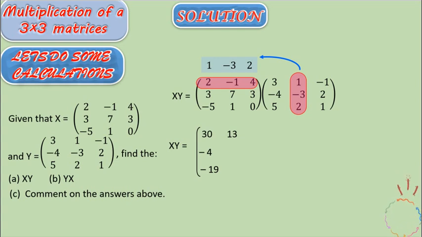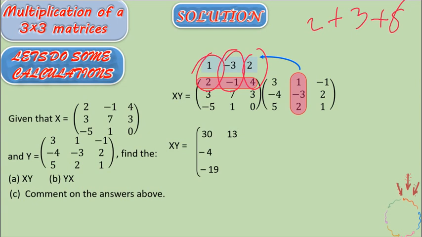But let's take it together for the benefit of doubt. This will give us 2, then plus 3, and then plus 8. If you carry that out together, you have 13 as the answer. So that's how we got 13, and the answer here will be 13.